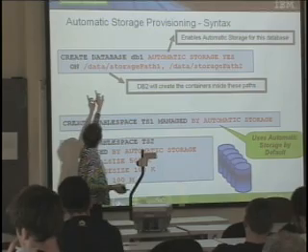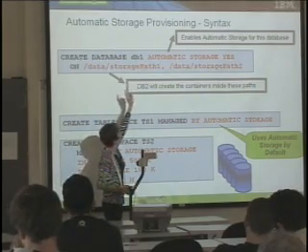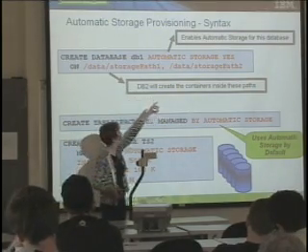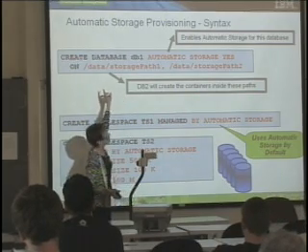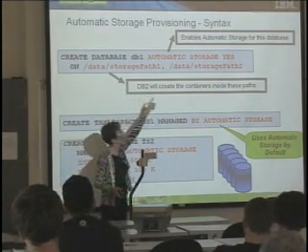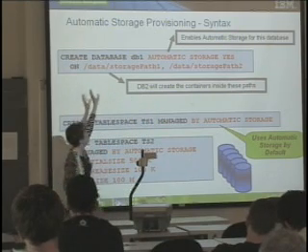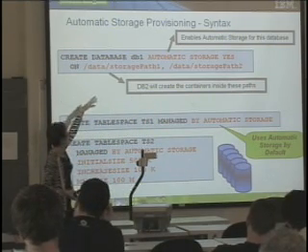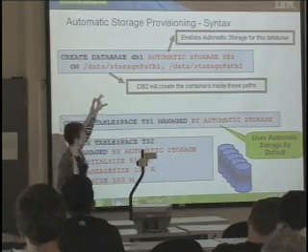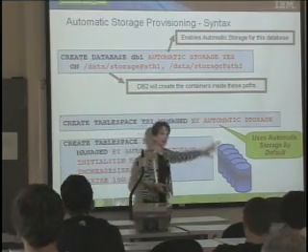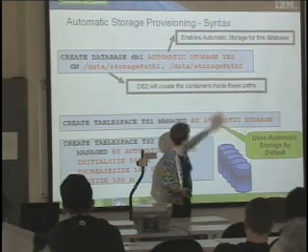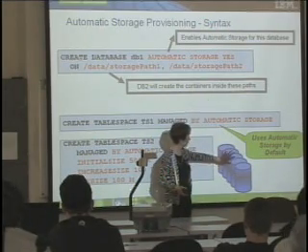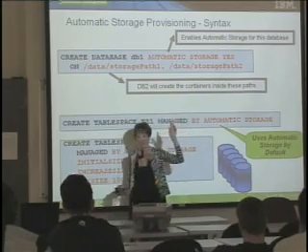Your statement is create database name, automatic storage yes, on, these are file systems. In this case, it's data storage path 1 and data storage path 2. So you create the database on those paths, and DB2 creates containers, which are the physical files, inside data storage path 1 and data storage path 2.